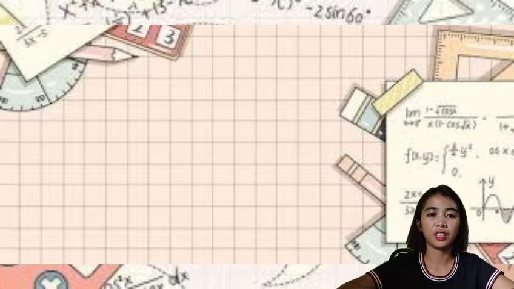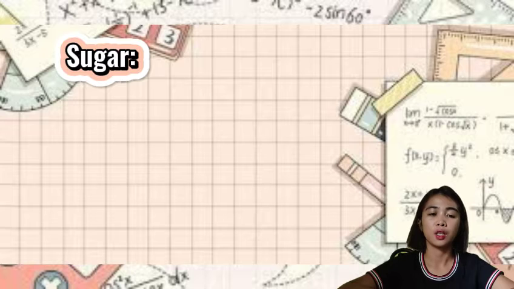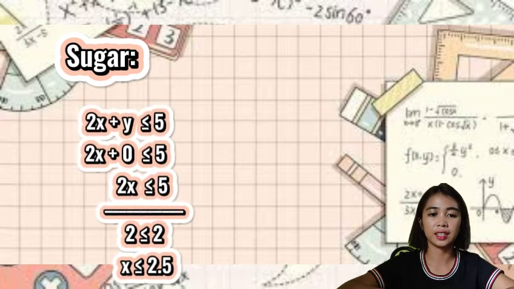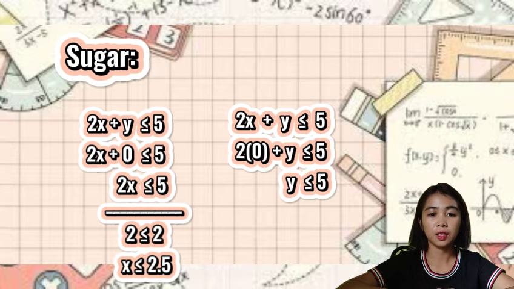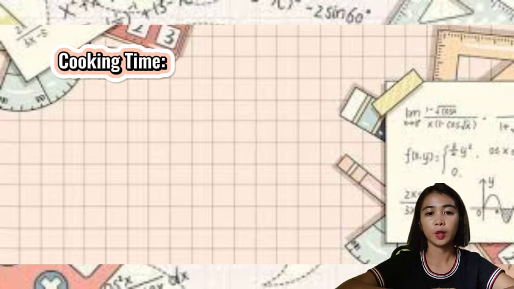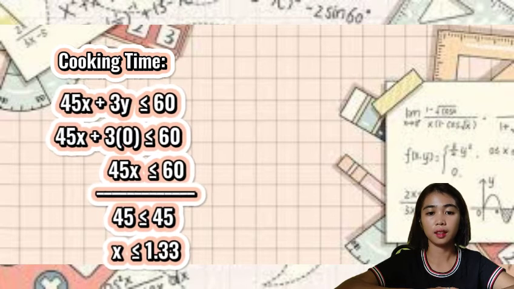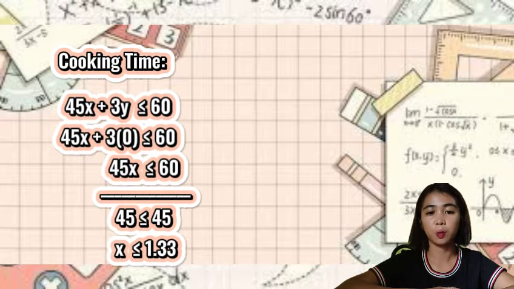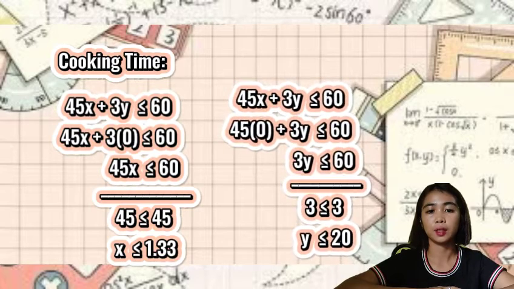Okay, we'll find the value of x and y for the sugar. So we will execute the same process. The value of our x is less than or equal to 2.5, and the value of our y is less than or equal to 5. Then for the cooking time, x is less than or equal to 1.33, and y is less than or equal to 20.